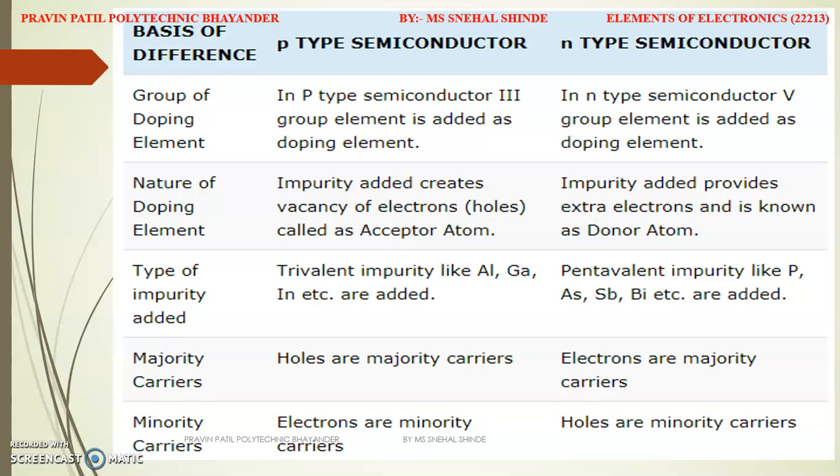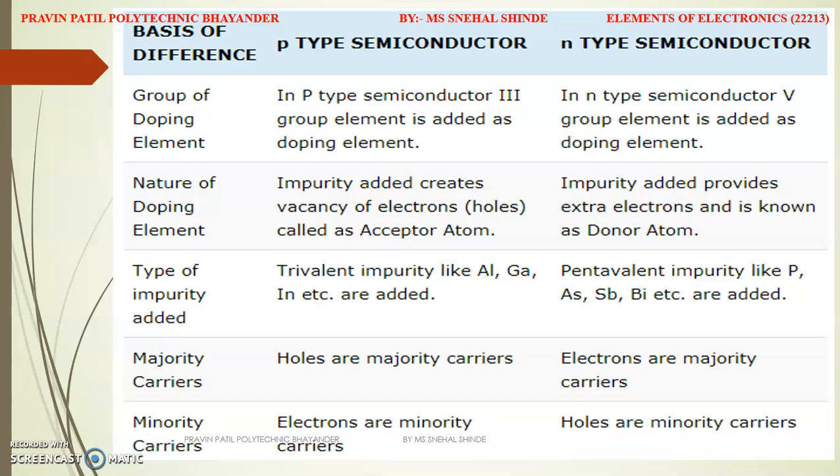Nature of the doping element: in the p-type semiconductor, the impurity added creates a vacancy of electrons, holes, and is known as the acceptor atom. In the n-type semiconductor, the impurity added provides extra electrons and it is known as a donor atom.